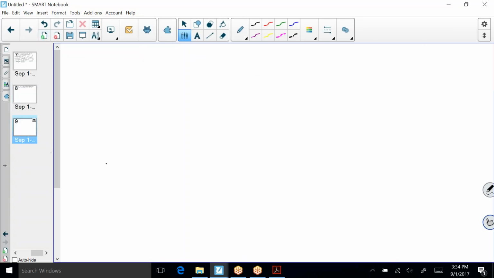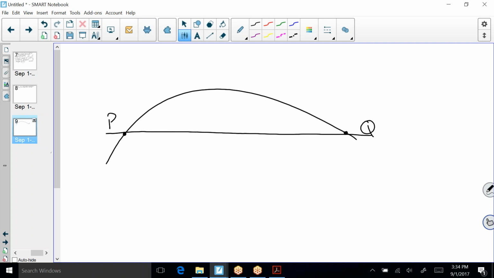So suppose we have a curve, and this is the curve that's drawn on your sheet, and we have a point P here, and then let's say that this is going to be a point Q. And first of all, we're going to start with the slope of the secant, which is going to be the line that goes from P to Q. So we can draw a line from P to Q like that. And then we'll be finding the slope of that line. And then what we're going to do is we're going to look at the limiting value of the secant slope as Q approaches P along this curve.